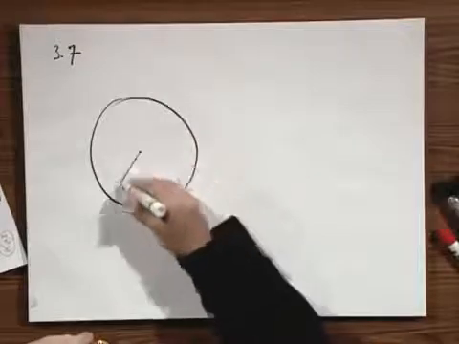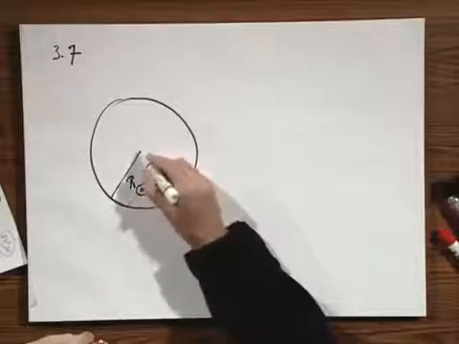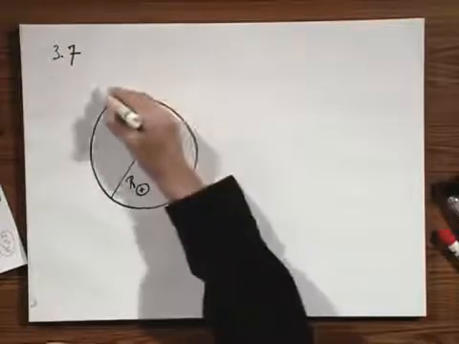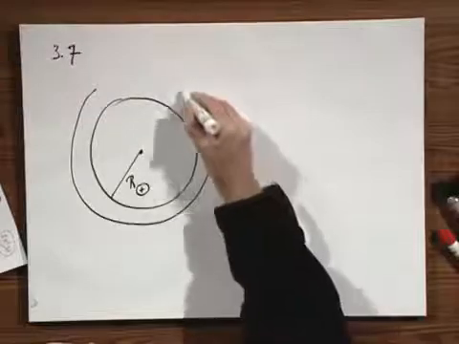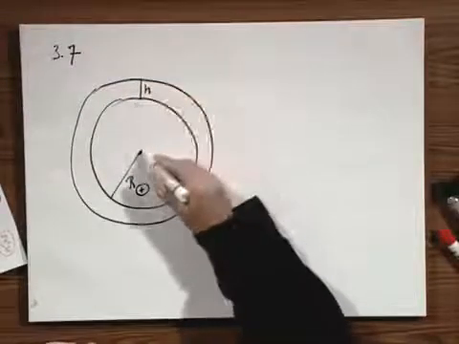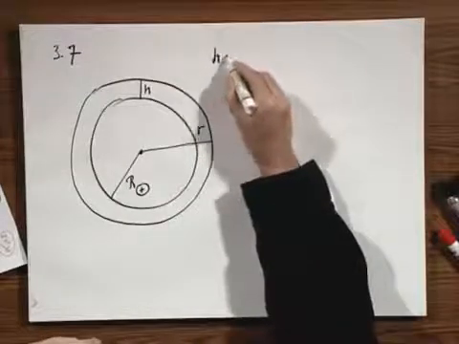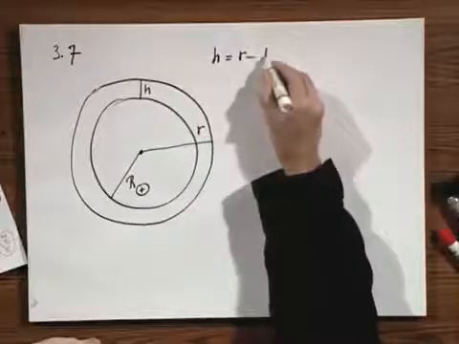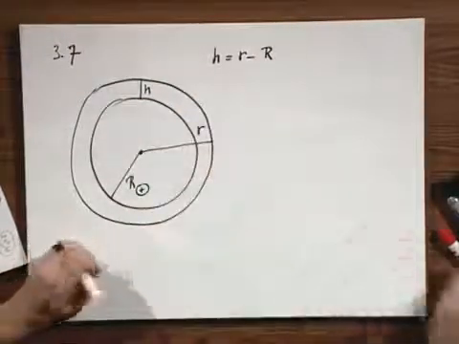And the Earth has a radius R Earth. I will use this symbol for Earth. And near Earth, at a height h above the surface of the Earth, at a radius little r, so h equals little r minus capital R, there is a satellite going around the Earth.